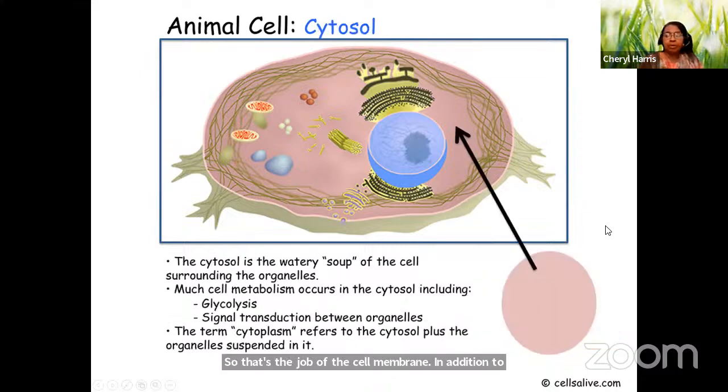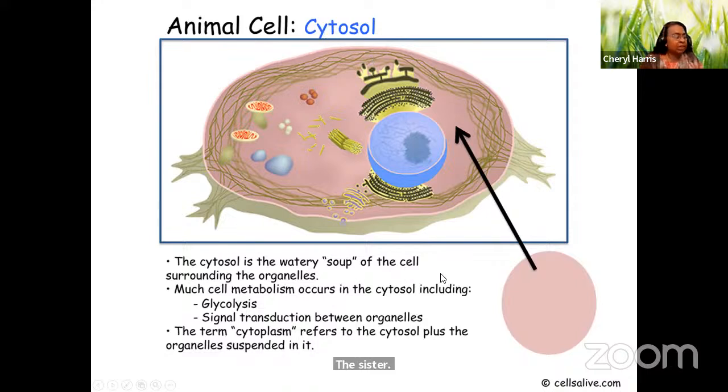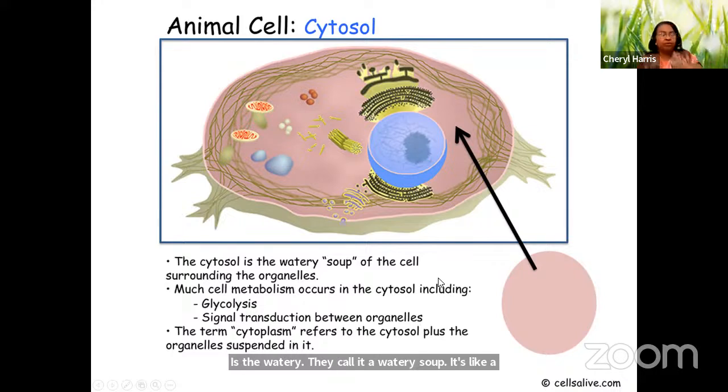All right. The cytosol is the watery, they call it a watery soup. It's like a gel-like substance that all the organelles are floating around in. Down here at the bottom, it says we use the term cytoplasm in general, but cytoplasm means the soup and the organelles all included.